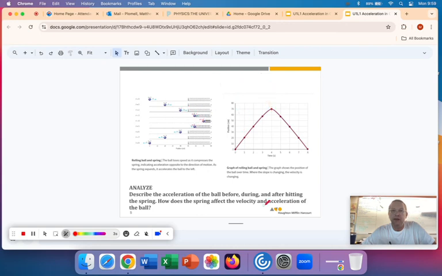Acceleration, and velocity also includes direction as well. So we see this graph showing the position away from the zero as the starting point, and it returns to zero. So we could describe this motion and say, how did the spring affect that?